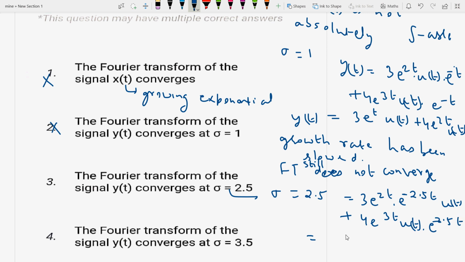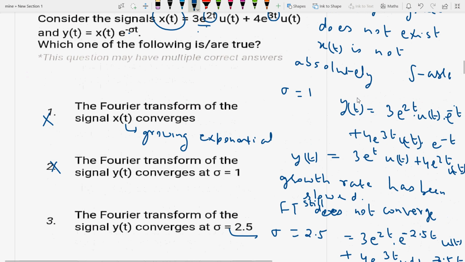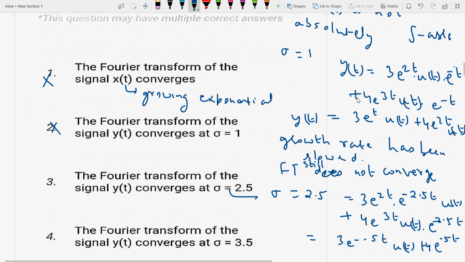So you will get 3 e to the power minus 0.5t u(t) plus 4 e to the power 0.5t u(t), since 3 minus 2.5 is 0.5.